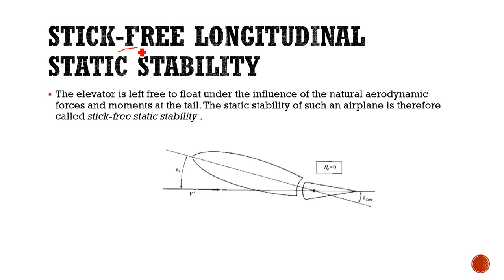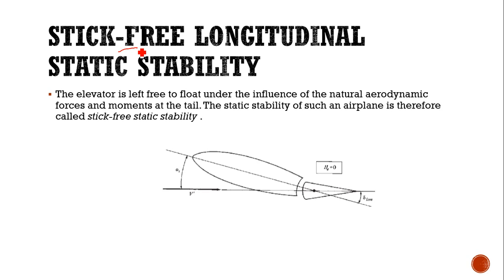Another type is the stick free static stability. In the stick free static stability, the elevator is allowed to float free so that it can move freely, and it will move to some position. Initially the elevator is fixed somewhere, at some position. At that position the hinge moment is equal to 0.